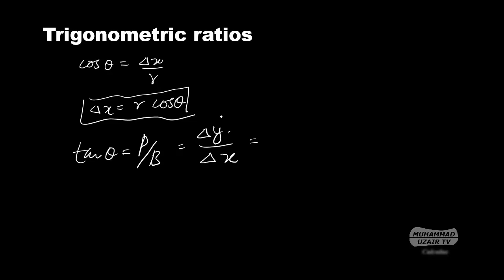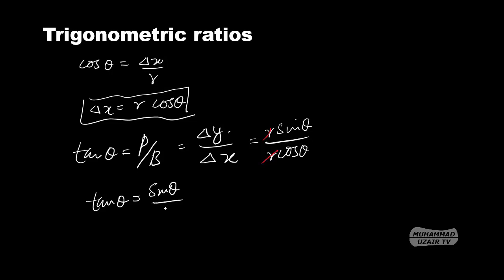By putting the values from these equations, delta x is r cos theta and delta y is r sin theta, so r will cancel out, and tangent theta will be equal to sin theta divided by cos theta.